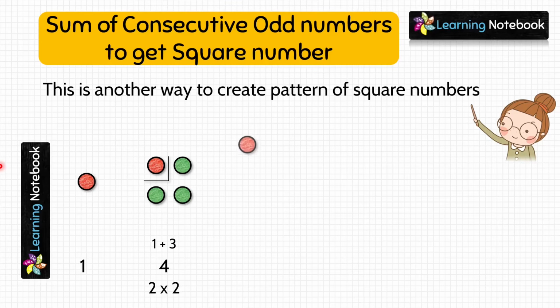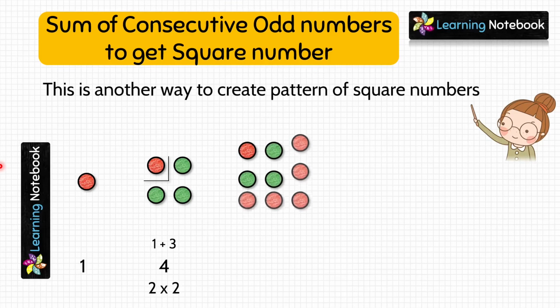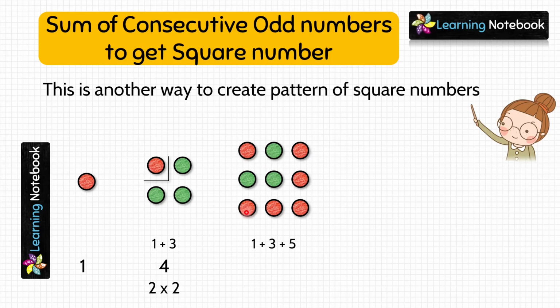Next, we have to again make a square. So let's put one red bindi, 3 green bindis and then 5 red bindis as shown here to form a square. So here students, this one red bindi resembles the first odd number 1.